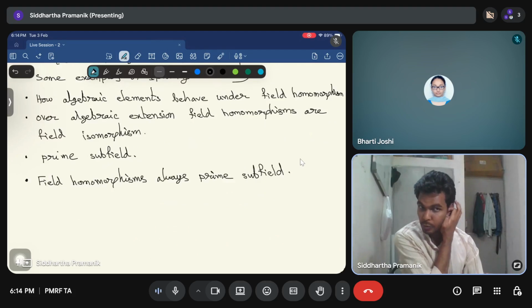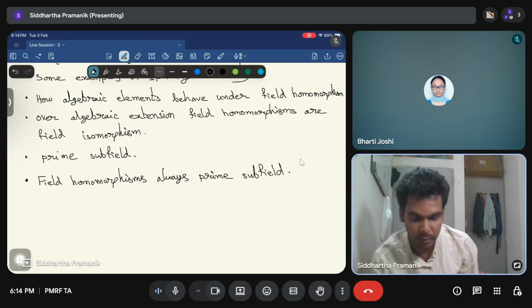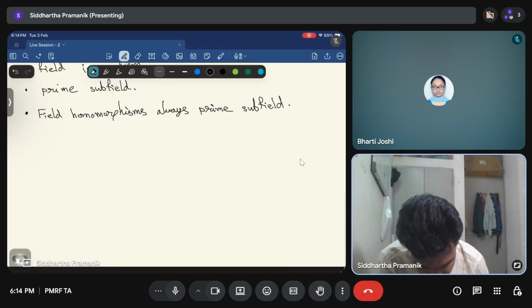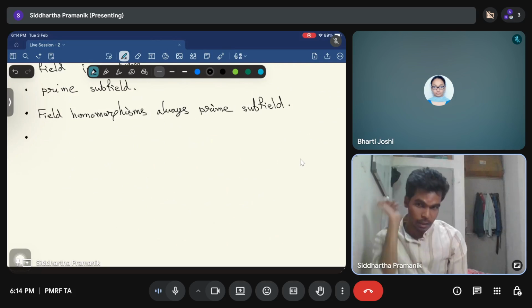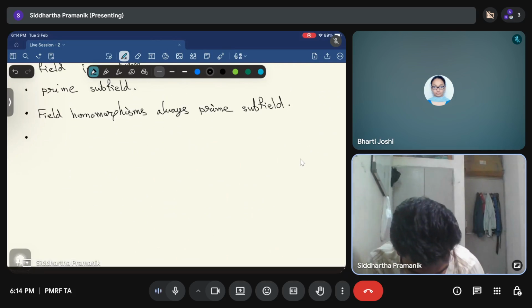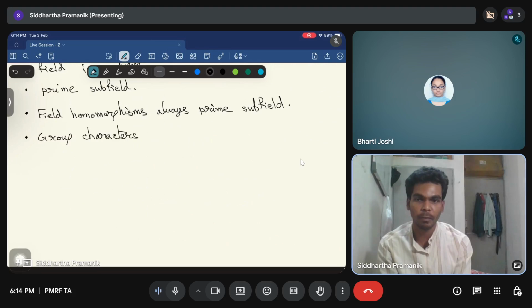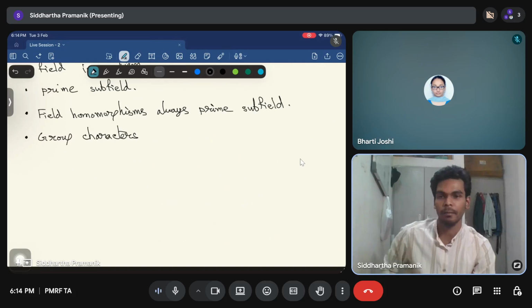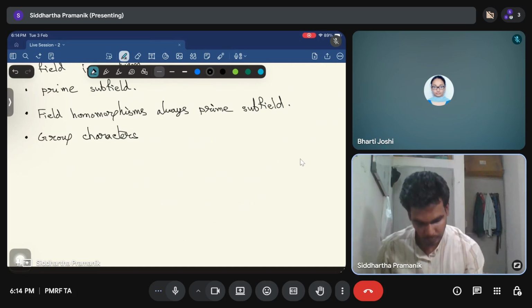Next, we move to Galois theory, the main part of this course. For that, we need some basic results about group characters. We have defined what we mean by group characters. These are basically group homomorphisms from a group to the multiplicative group of a field.